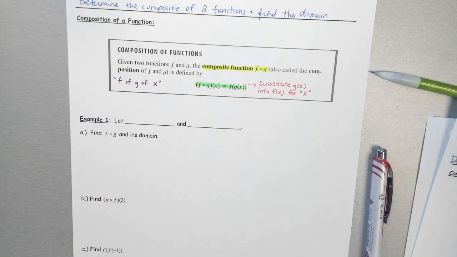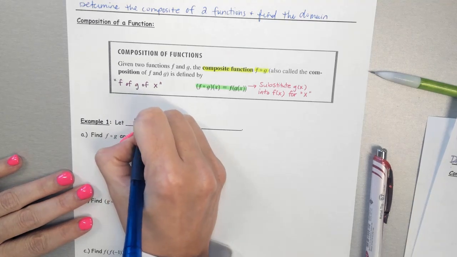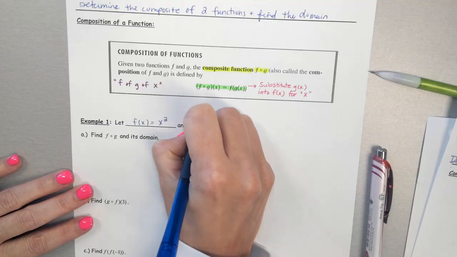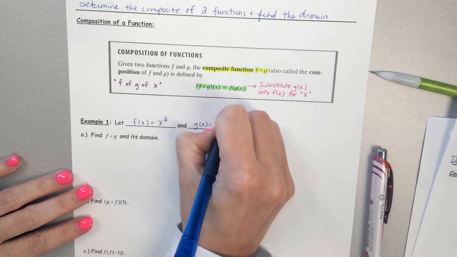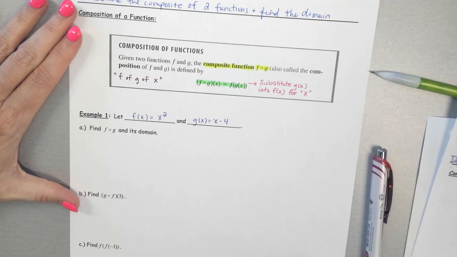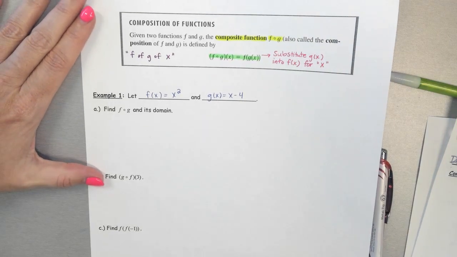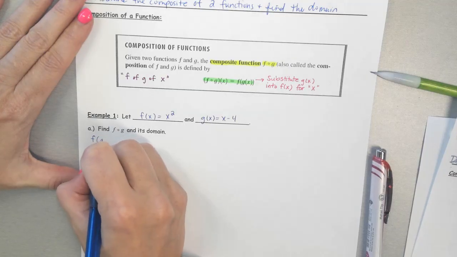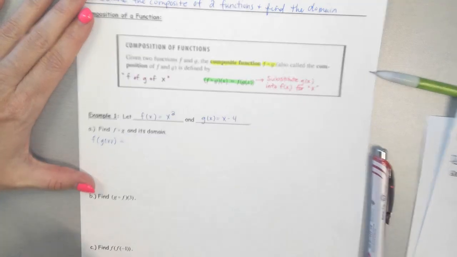We are given f of x is equal to x squared, and g of x is equal to x minus 4. We're going to find f of g and its domain. Until we get more comfortable, if you want to think of this as f of g of x, you can.